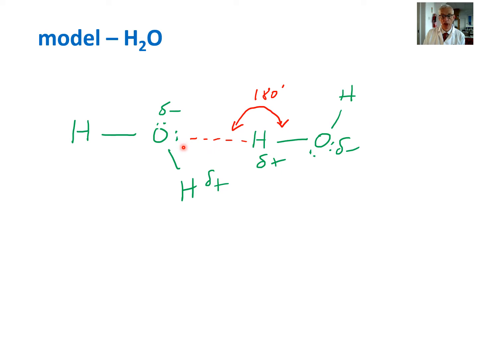So that lone pair is constituting the bond. So we've got an attraction there, or a hydrogen bond between the oxygen lone pair and the hydrogen delta plus. And then the final detail, this arrangement around the hydrogen should be linear, the bond angle of 180.